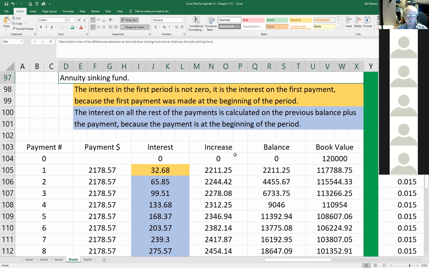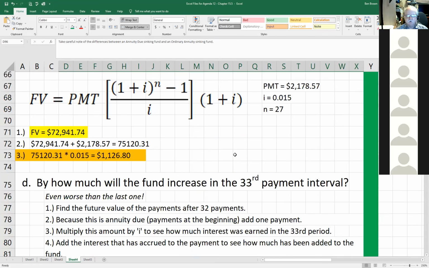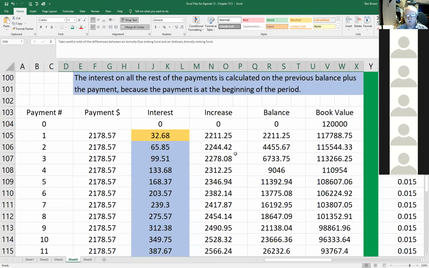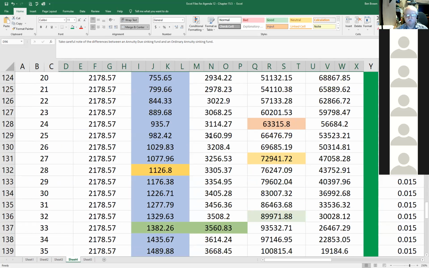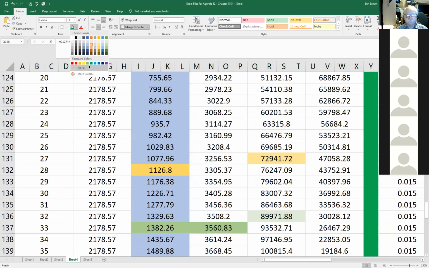And so the first thing we were looking at was the 28th payment. So we can go all the way down to the 28th payment. I don't know why I've highlighted 24. Let's get rid of that. The 2027, which we calculated, and we can see the interest in the 28th period in the schedule.